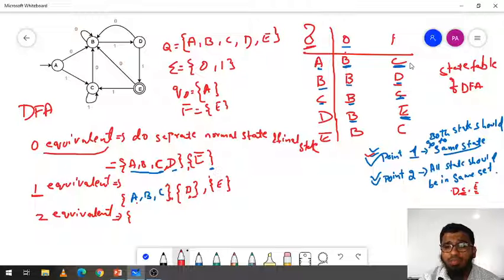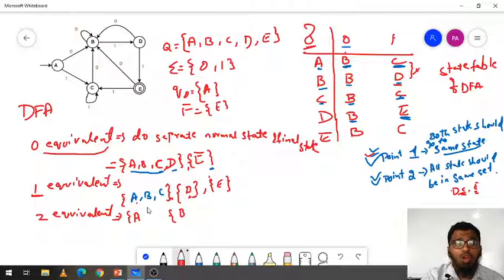So here this is not equivalent. That means A and B, they both are not equivalent. So just write here A and give some space and write B. We don't know, these both are not equivalent, maybe this is one set, another set we will get. So here we separated.